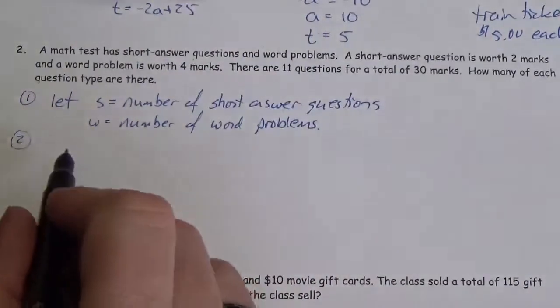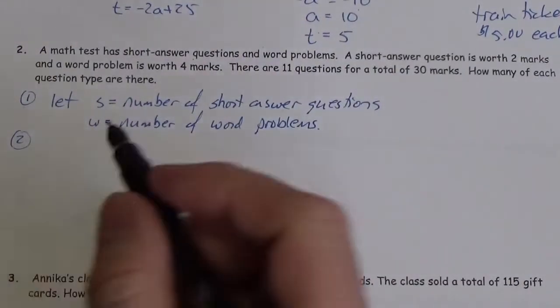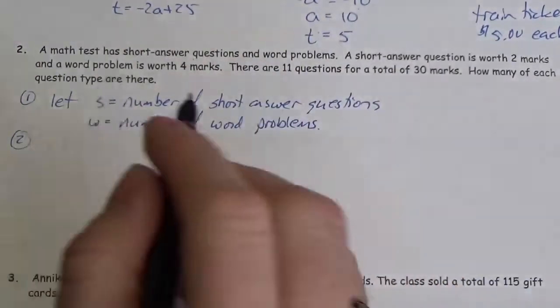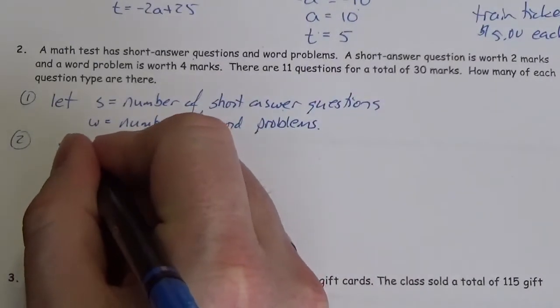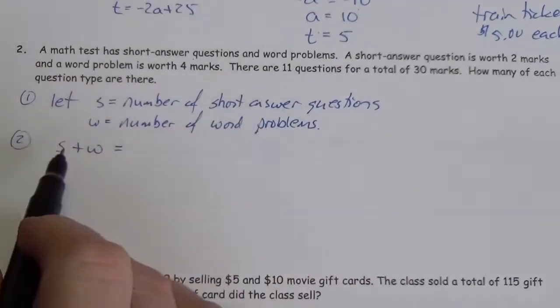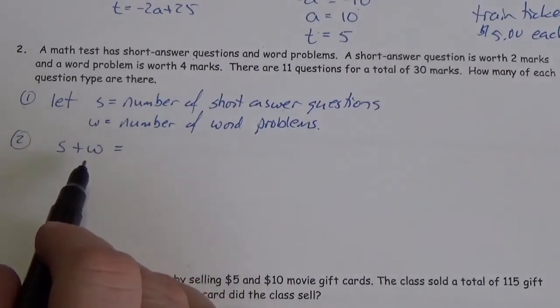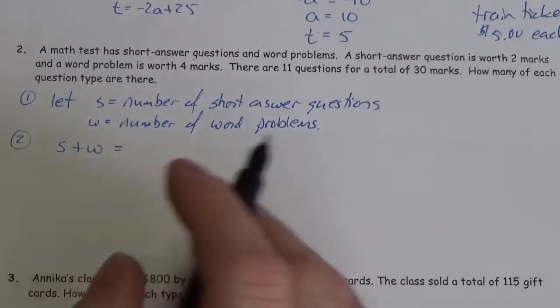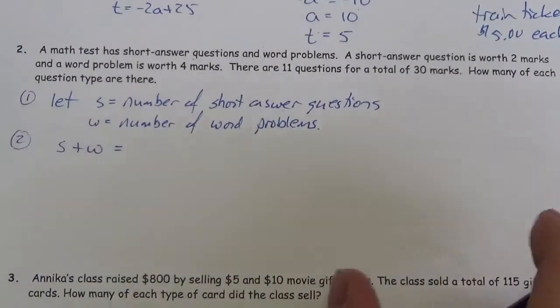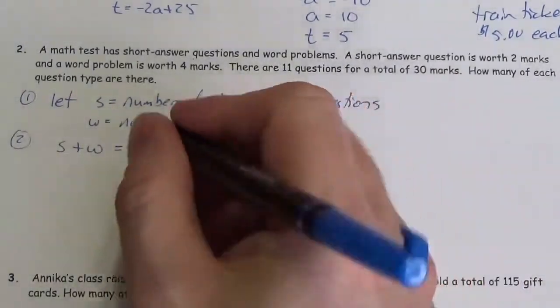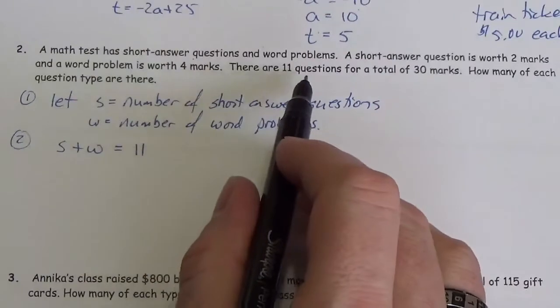So what's going to happen here is I'm going to come up with two equations, but my equations are going to deal with two different things. First of all, if I take S and add W, where S is the number of short answer questions and W is the number of word problems, that's going to be the total number of questions, which is 11. We were just told that.